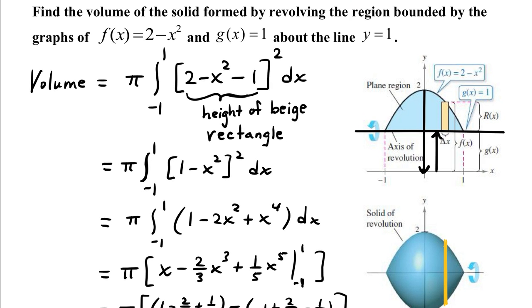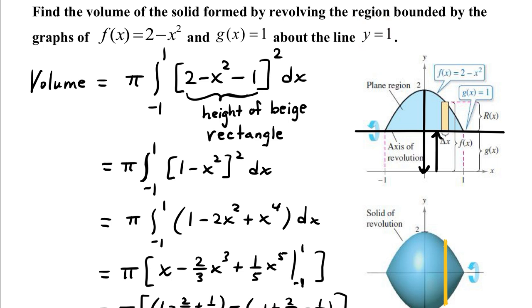Okay, now let's change. We're still going to do the same thing. We're going to calculate volume, but this time we're going to switch up functions. We have function f of x equals 2 minus x squared. That's a parabola. G of x equals 1. That's a horizontal line. And we're going to revolve that about the line y equals 1.